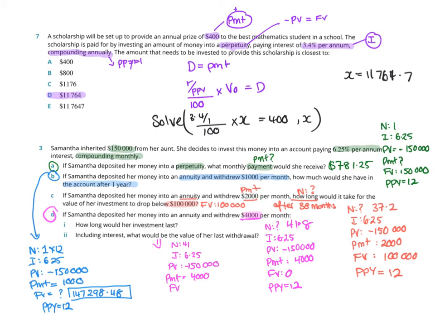Let's find out what this FV is, and that will be her last payment. Depends if you're going to reduce the next one or add on to it. But that's not very clear, so they need to be a bit clearer, and they will be in the exam.